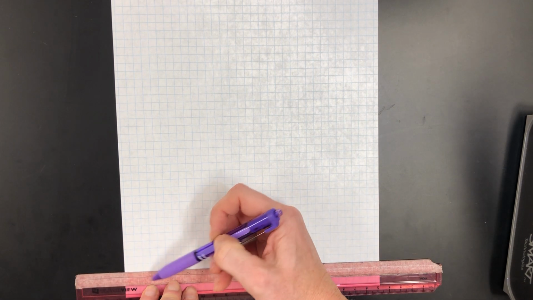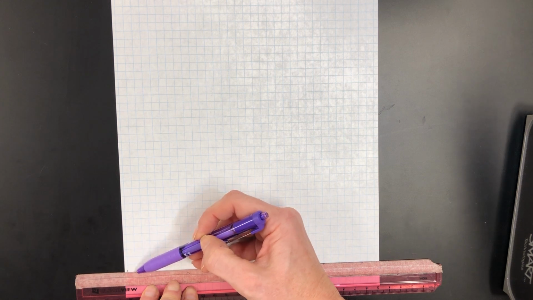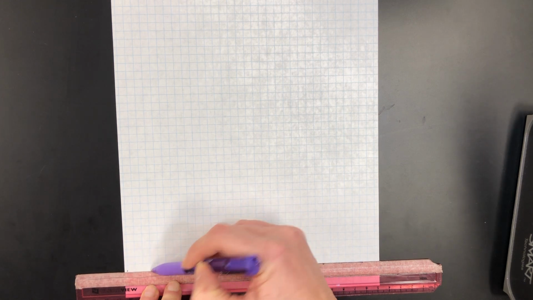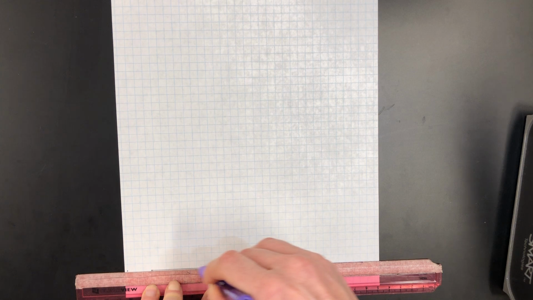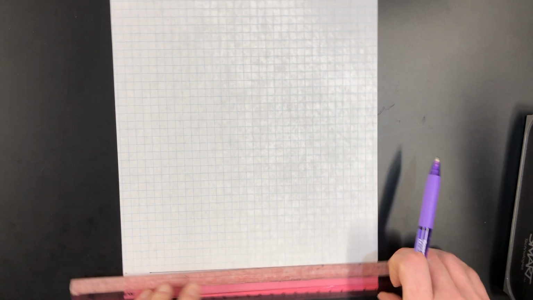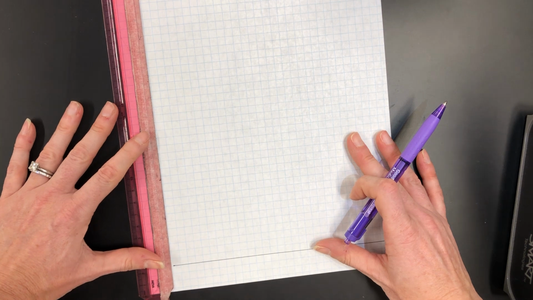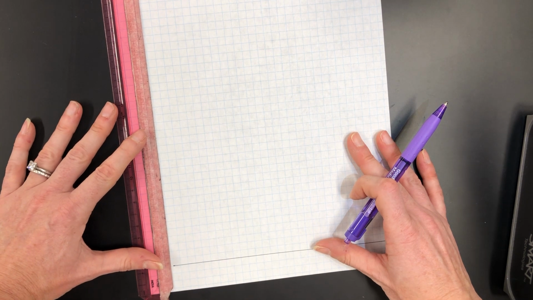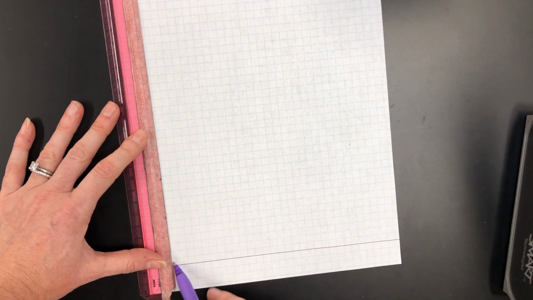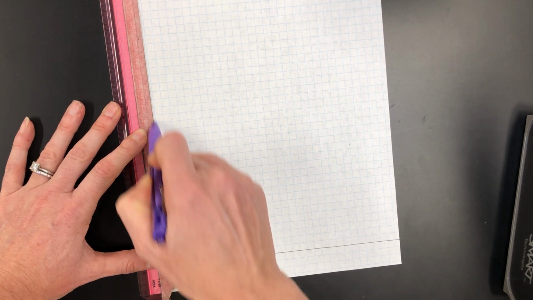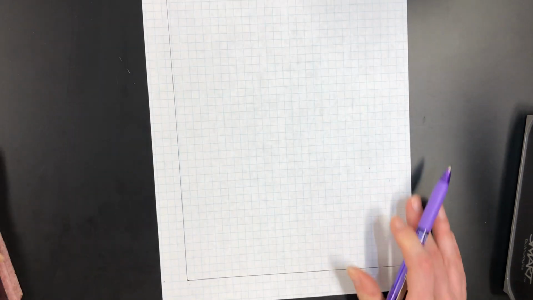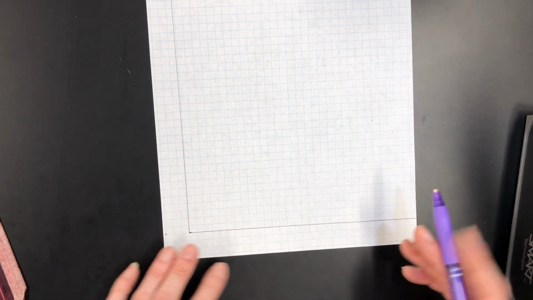Count 4 lines over from the left, and draw your line from there all the way to the right. And then your y-axis. Okay.